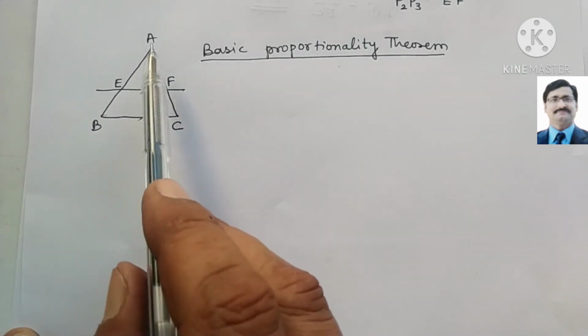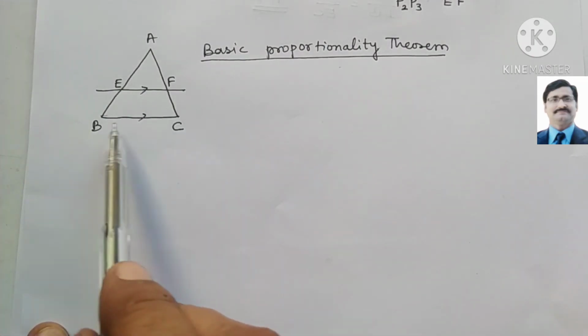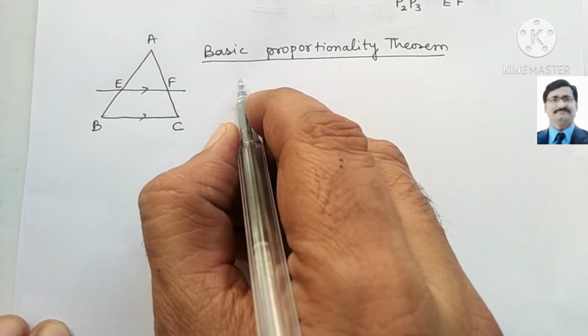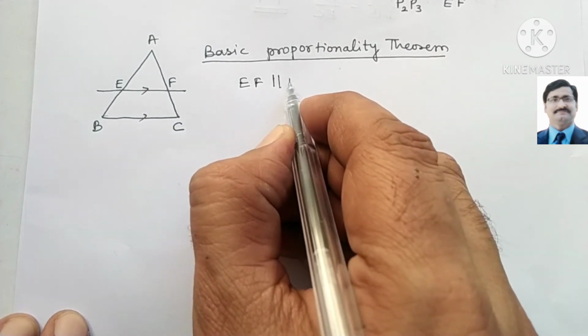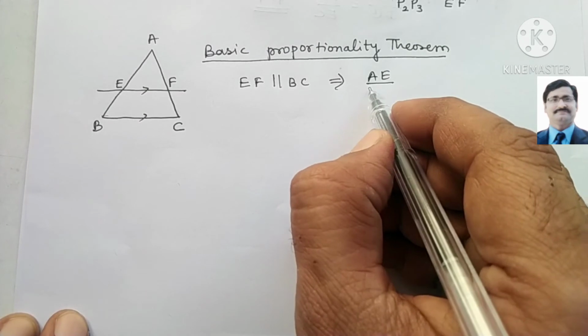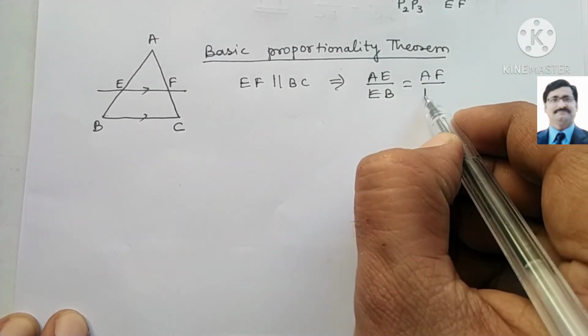Look here, this triangle ABC is given and EF is parallel to BC, means we have the basic proportional theorem. So here we can write EF is parallel to BC, then we can write here AE upon EB equal to AF upon FC.